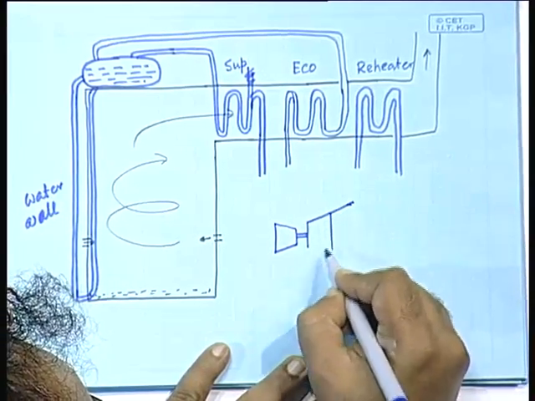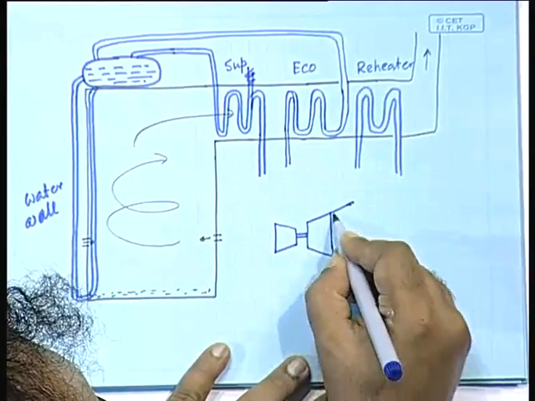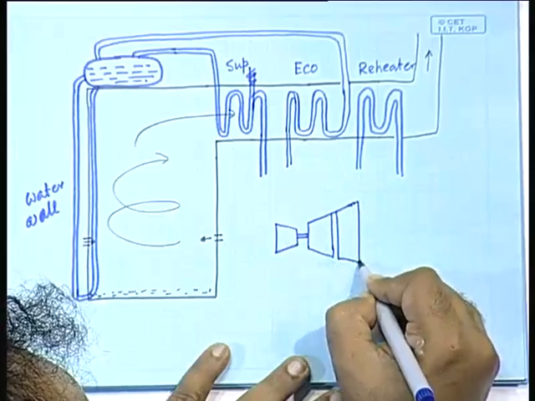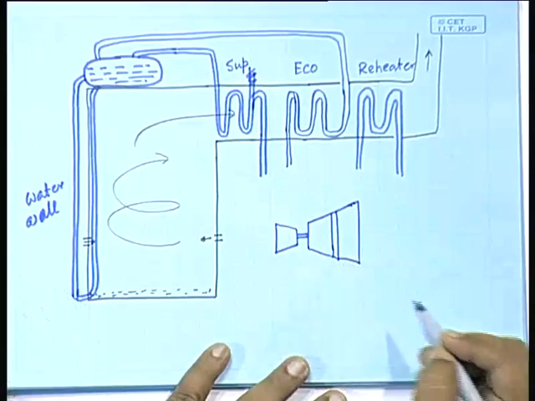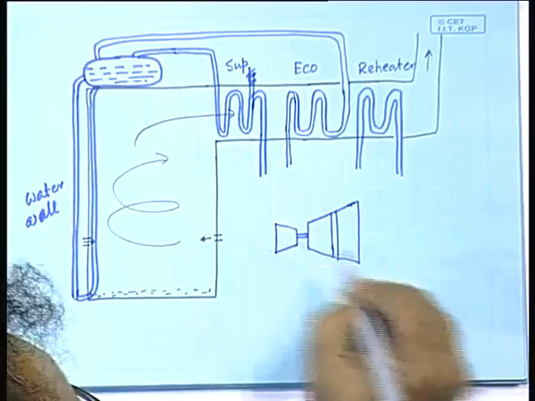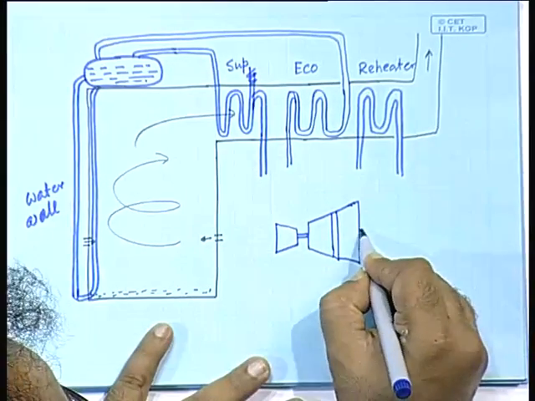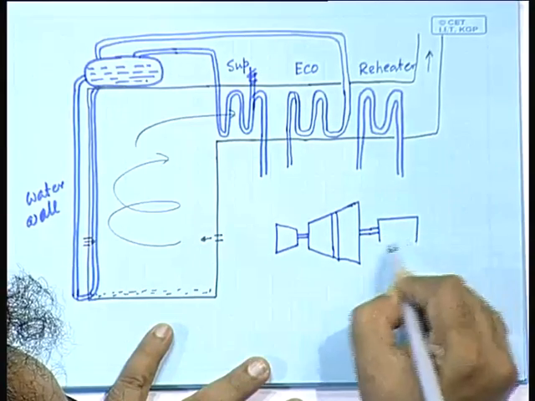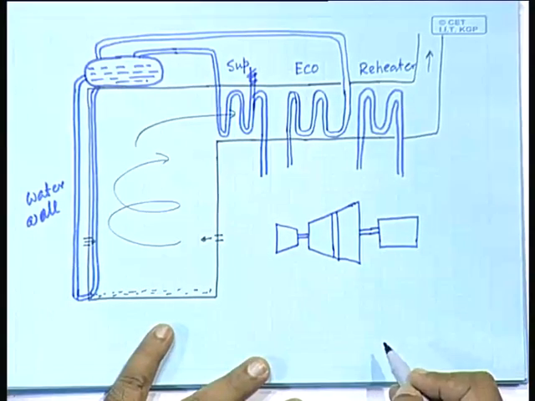Let me divide it into two parts and then we will do that. So, here are the intermediate pressure and the low pressure turbine stages, and this whole thing is then connected to the generator.